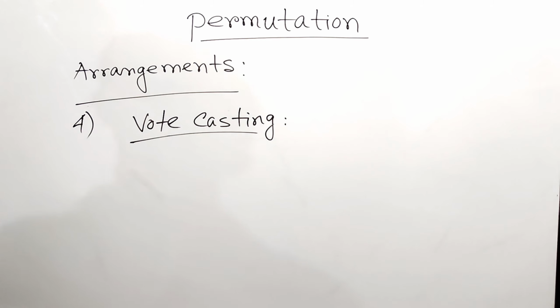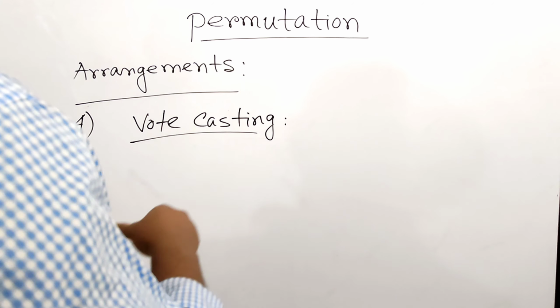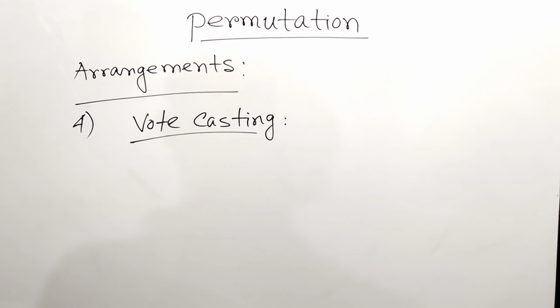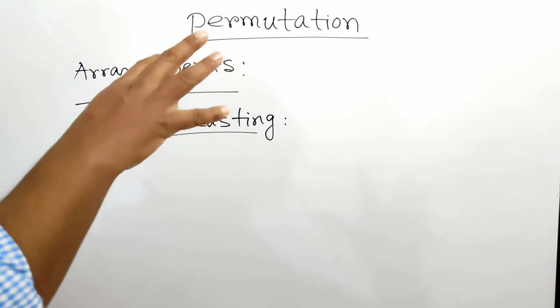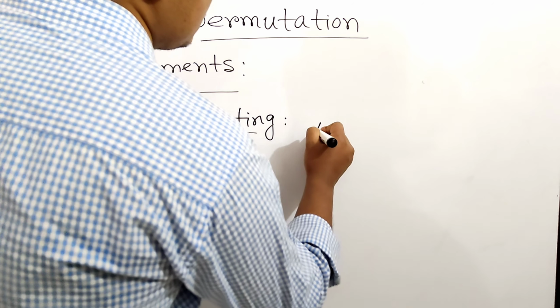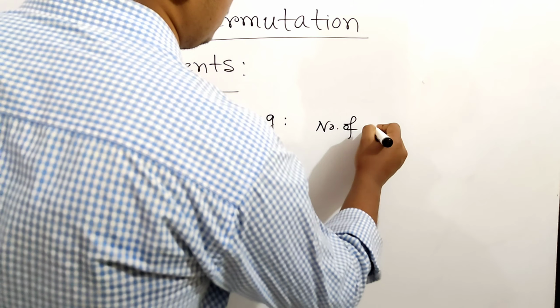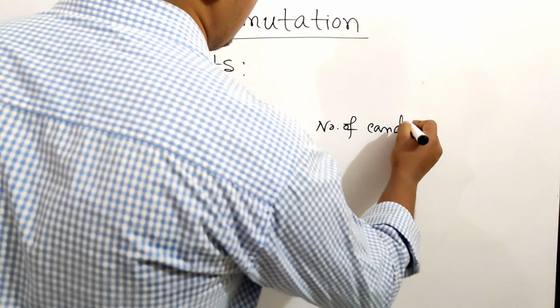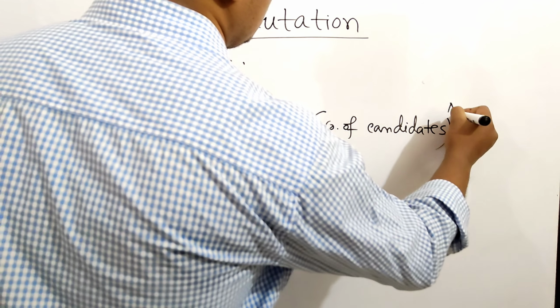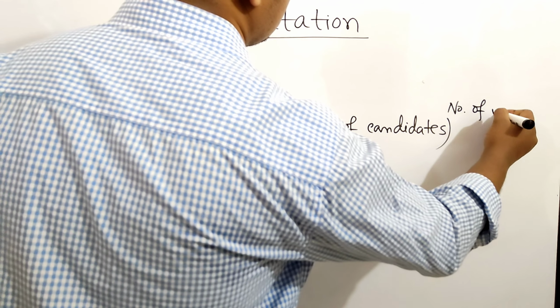If the question asks you to find the number of ways the voters can vote for the candidates, just keep in mind a formula, and then you can easily find it. The formula is number of candidates to the power number of voters.